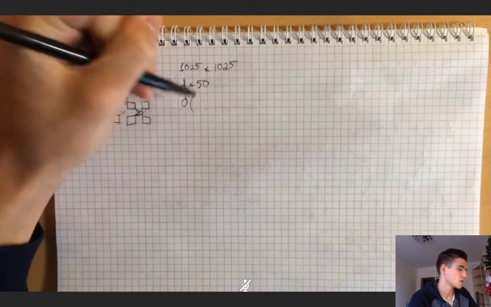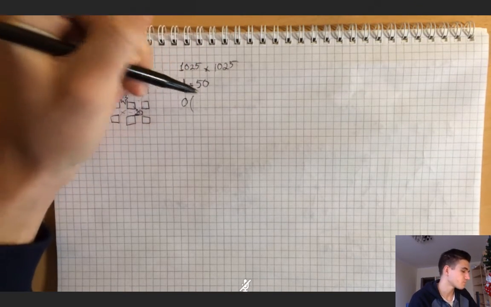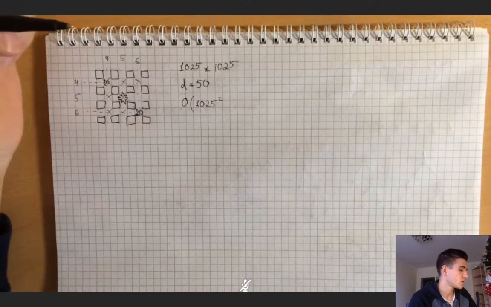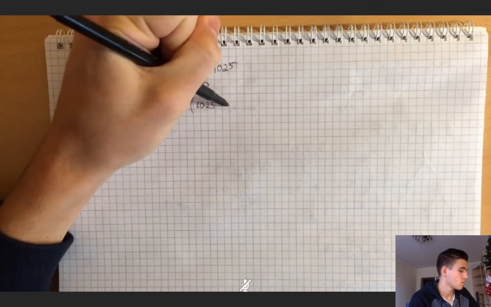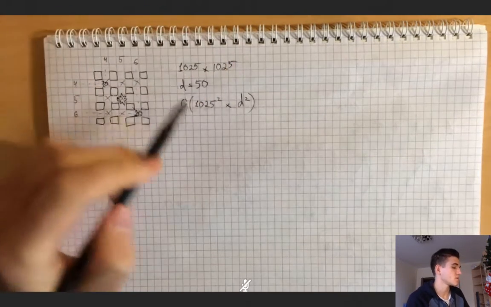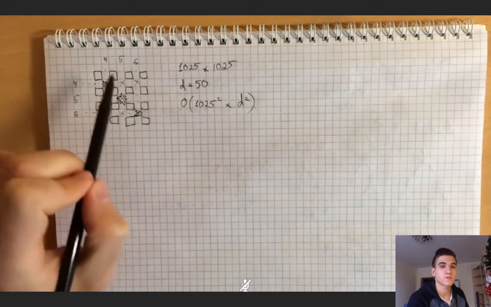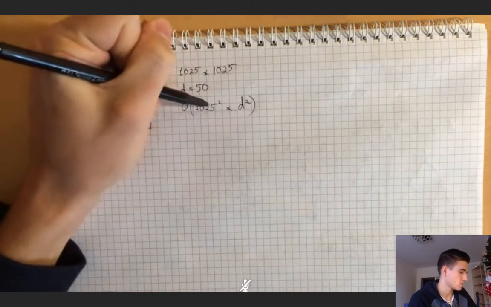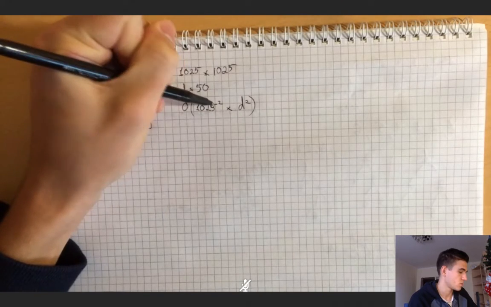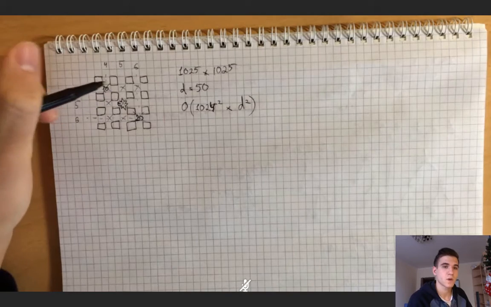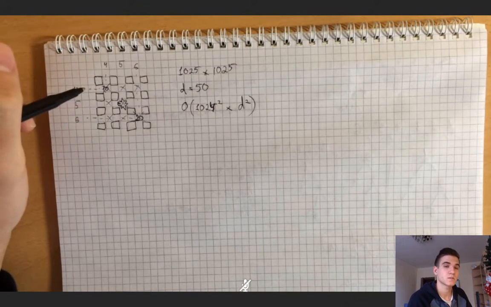So we would end up with 25 squared multiplied by D squared, because we have to check every cell, every intersection. There would probably be 24 intersections if we have 1025 houses.